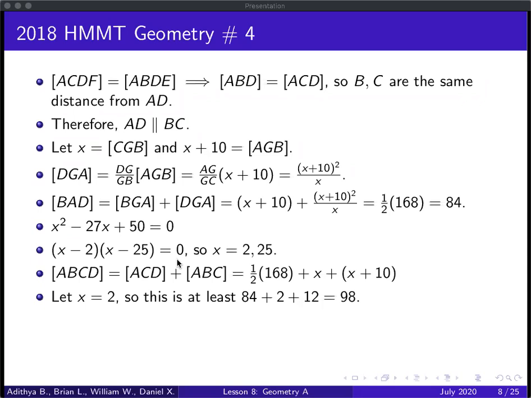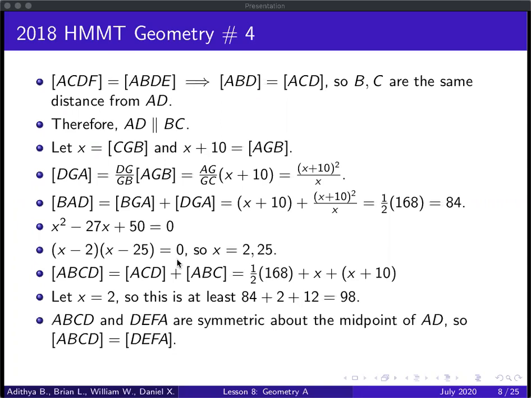If we consider just the midpoint of AD, everything should be symmetric about that midpoint, because both parallelograms are symmetric about that midpoint. That means that all 6 points have to be symmetric about that midpoint, which means that ABCD and DEFA are symmetric about that midpoint as well.